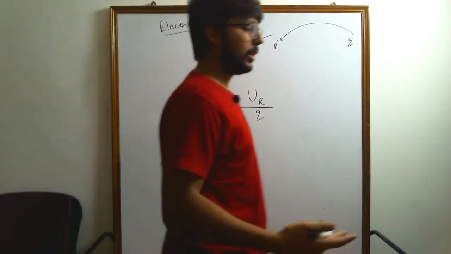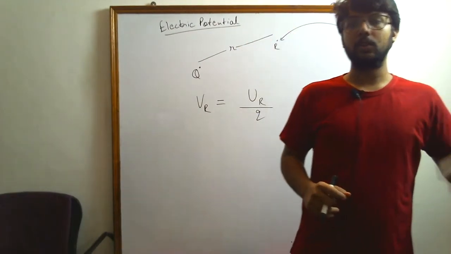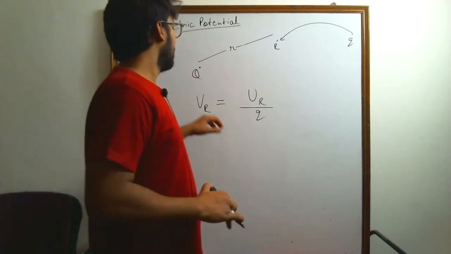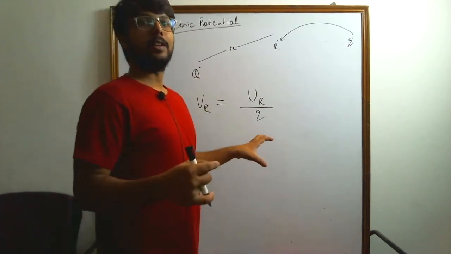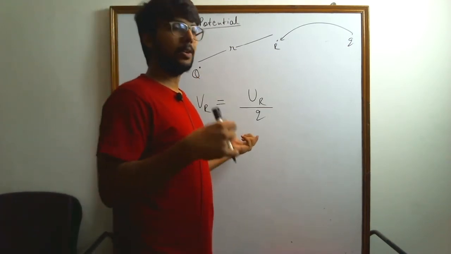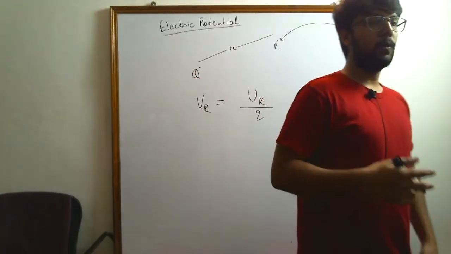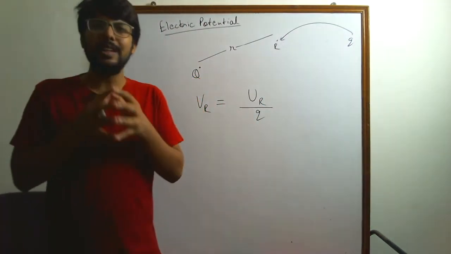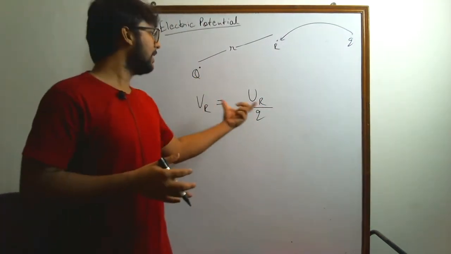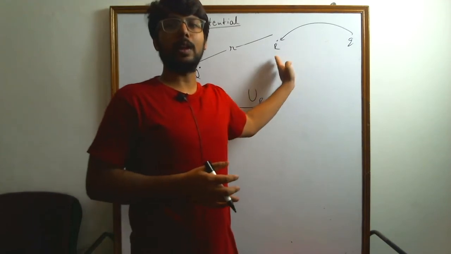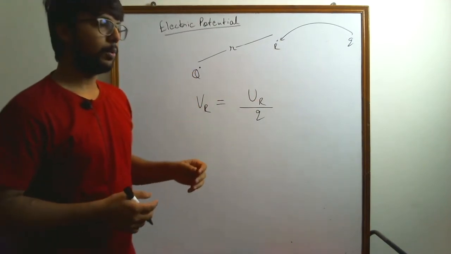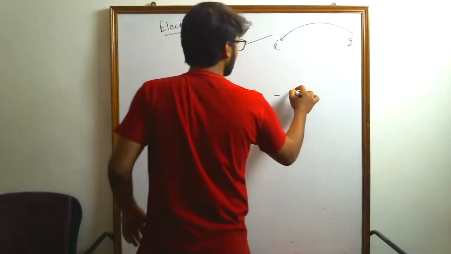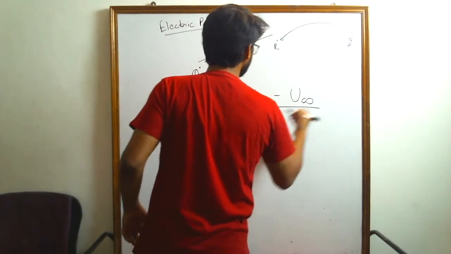Now just like potential energy, and we've discussed that in the next video, you'll find it in the link below or in the links in this video. Electric potential also works with a concept of difference. That is, it is only relevant when there is a difference from one point to another. And here we are taking that difference between point R and point infinity.